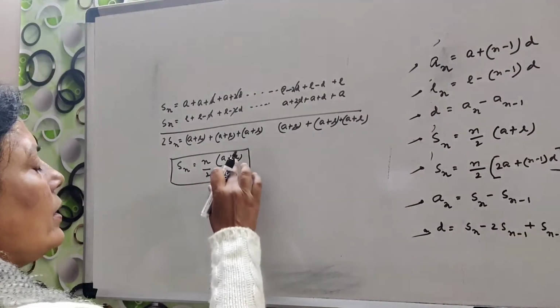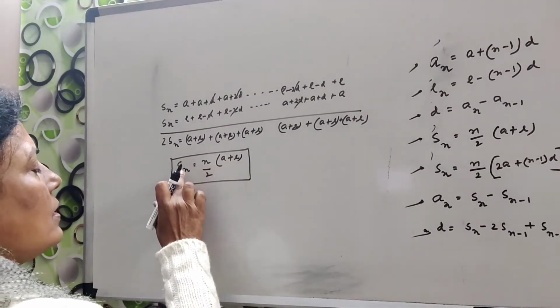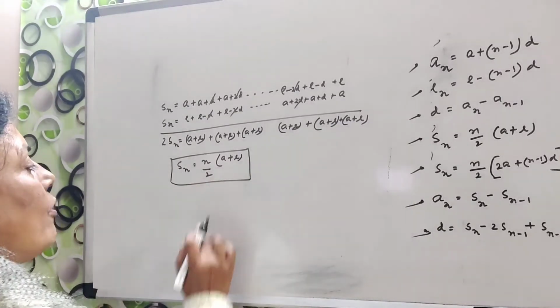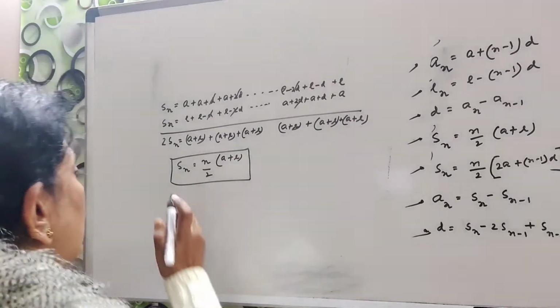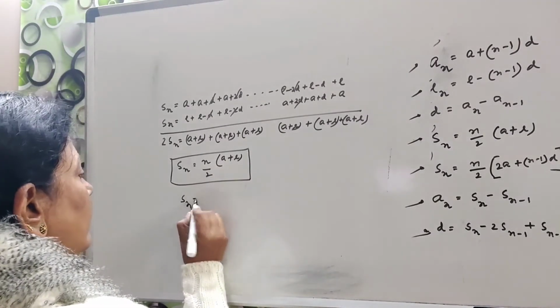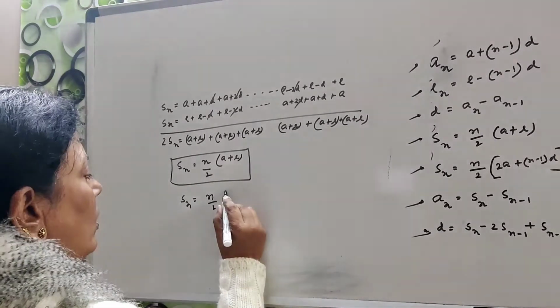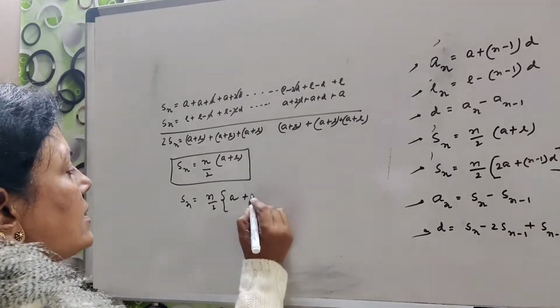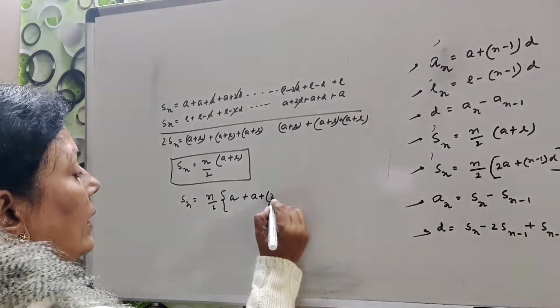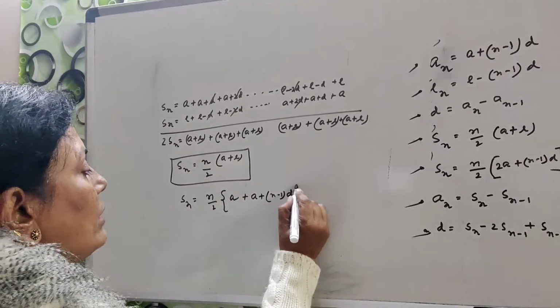Now, if the total number of terms is n, then the formula of the last term is A plus (n minus 1) into D. So we can write Sn is equal to n by 2, then A for this, and for L, A plus (n minus 1) into D will come.